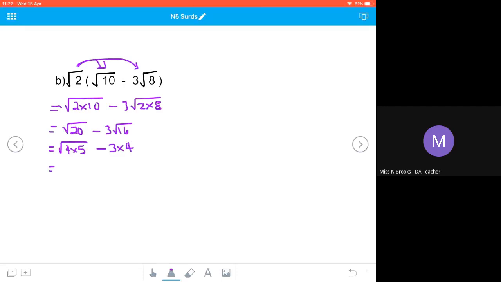So in our next line of working out, we're going to split this into root 4 and root 5, and we're going to take away, and we're going to do 3 times 4 now, and that gives us 12. And our final step is to square root that perfect square, so we're going to end up with 2 root 5, take away 12, and that's our final answer because we cannot simplify that any further.